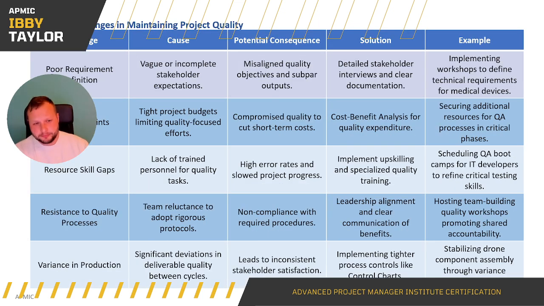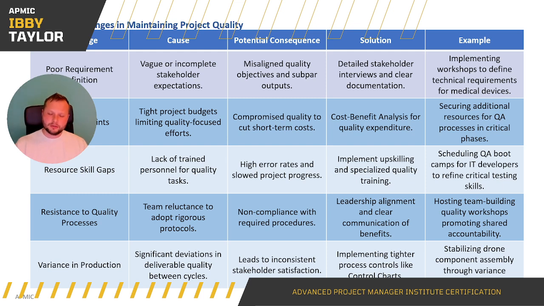So challenges. Poor requirement definition. We've spoken about this before. If something goes wrong with that communication with the customer, or the creation of the scope, or the understanding of the quality, it could lead to a poor understanding of the requirement that needs to be set, which then leads to misaligned quality, subpar outputs.